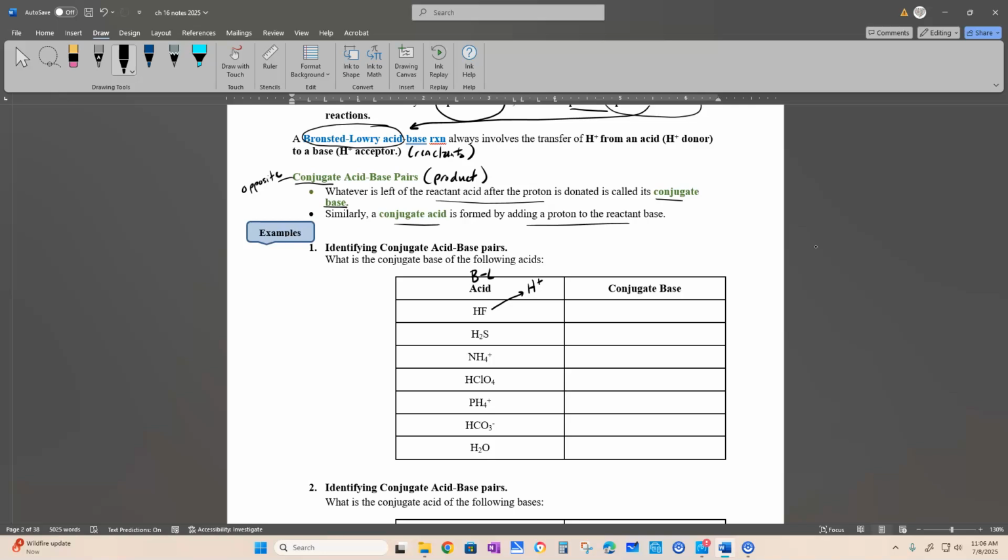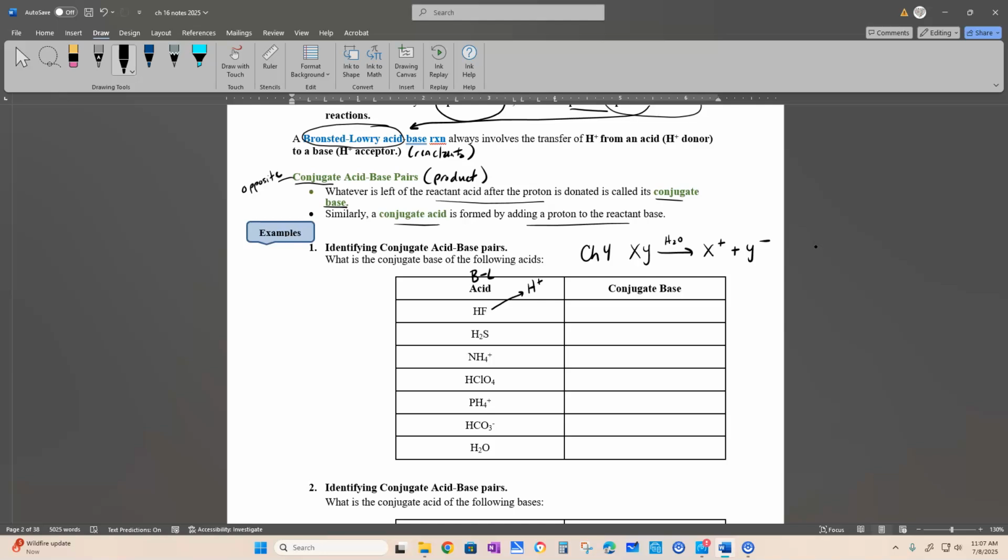So the question is, what are you left with? Well, if it helps, think of it as Chapter 4 dissociation. In Chapter 4, we took a substance, we'll call it XY, and put it in water. We didn't have to put water into the equation. We just got the X and the minus.